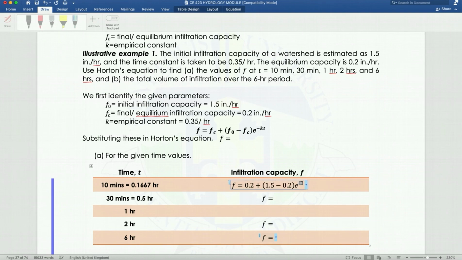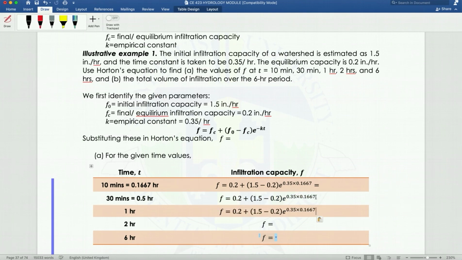Raised to negative K, the empirical constant of 0.35, times the time of 0.1667. Okay, and that is equivalent to... actually, pare-parehas lang yung ating equation, it's just that it will be different in terms of time. So pwede nating copy paste. Okay, so mamaya palitan na lang natin yung time.